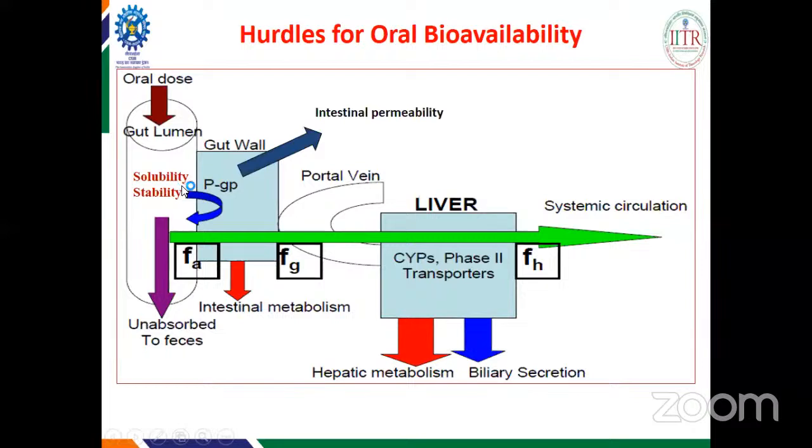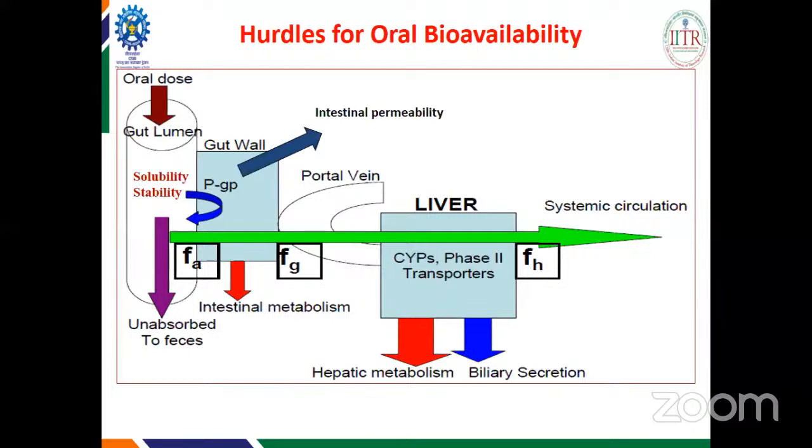Solubility determines that. At the same time, whether the compound is stable is also very important, because it has to be stable in the gastric or intestinal environment to get absorbed. If it is not stable, that will reduce the bioavailability of the compound.